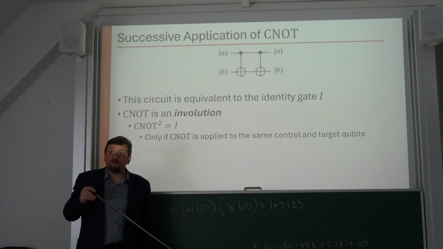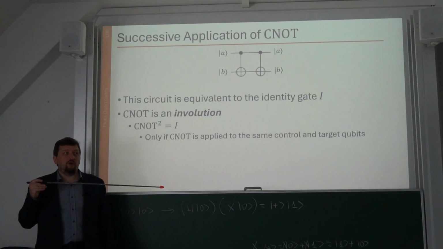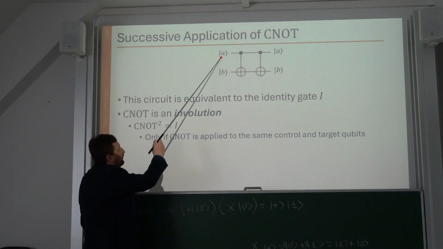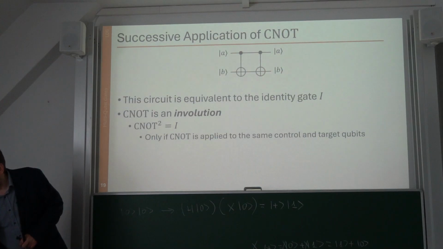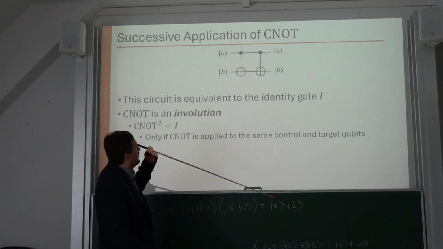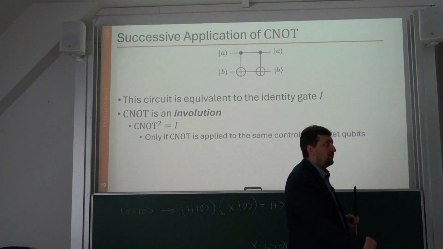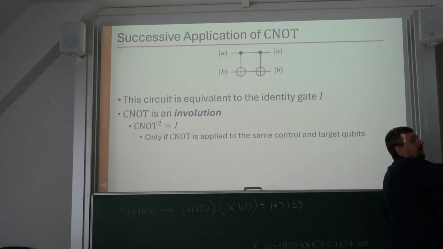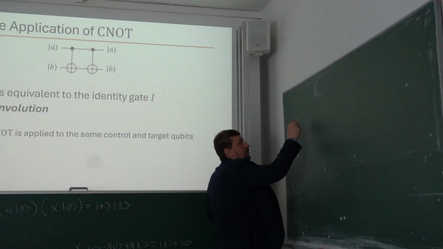But with superposition, if you consider what's going on step by step, it's a little bit more interesting. Suppose this qubit A is in state plus, a superposition of 0 and 1.